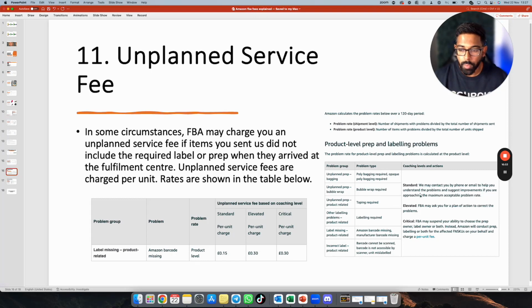I think the standard is if, for the shipments you have sent in over 120 days, they calculate how many shipments you had a problem with, and if it's below 21 days, then it's going to be standard. If it's above 21 days but below a certain time, it will be this, and if it's above a certain amount of days, it will be this. But I'll let you go ahead and understand that. Again, you will never have this problem, but this is just for your understanding.